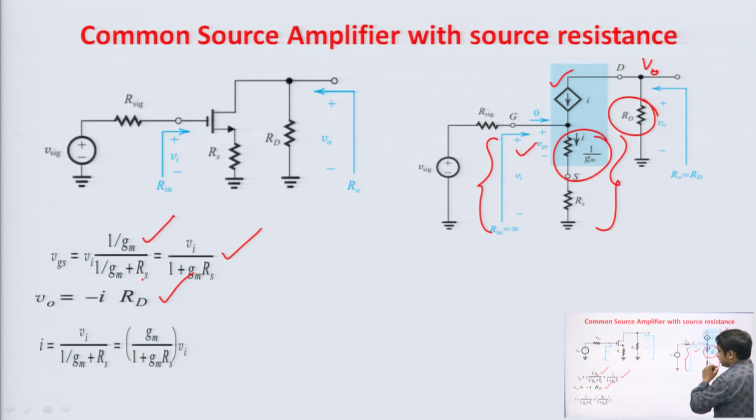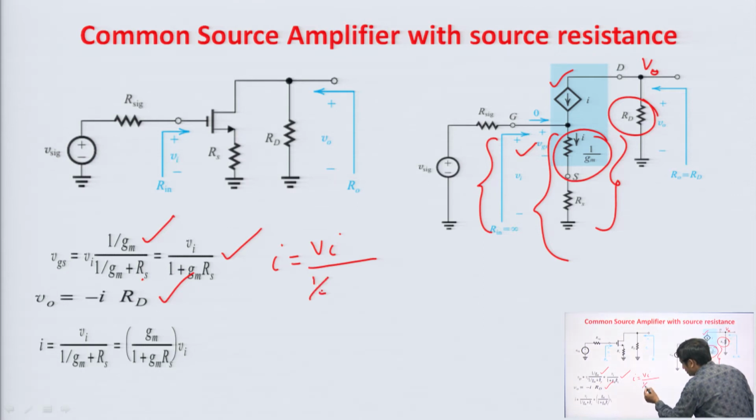The value of I, flowing through the 1 by Gm resistor and Rs, will be the voltage Vi upon the total resistance. The total resistance here is 1 by Gm plus Rs.